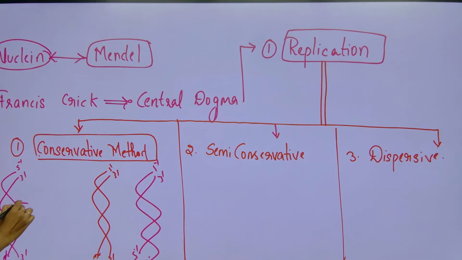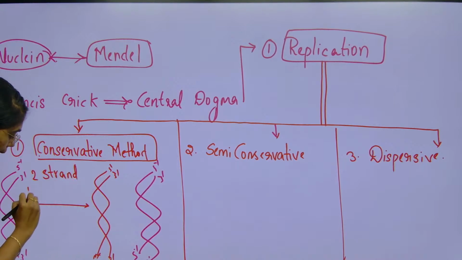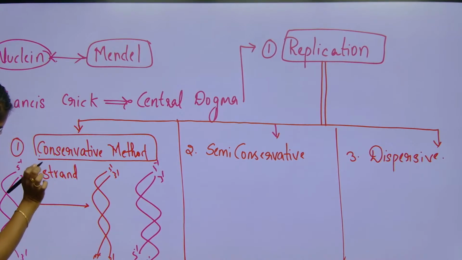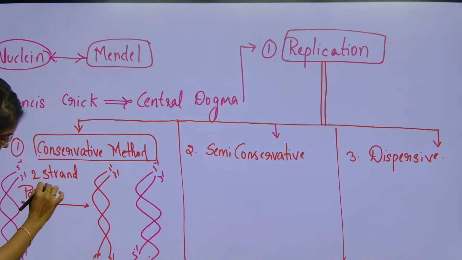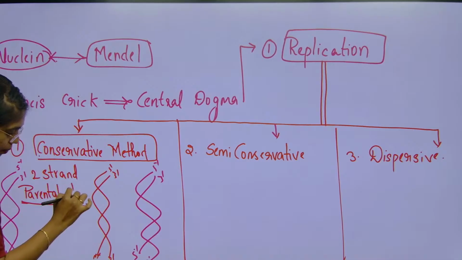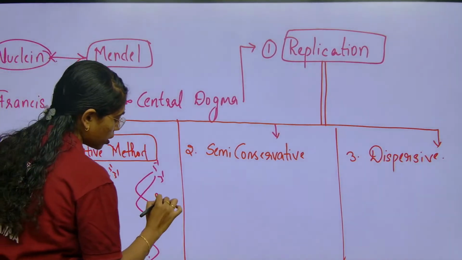Fine, right? Here both the strands act like parental strands. The 2 strands are parental strands only, and at the end it gives 2 daughter strands.